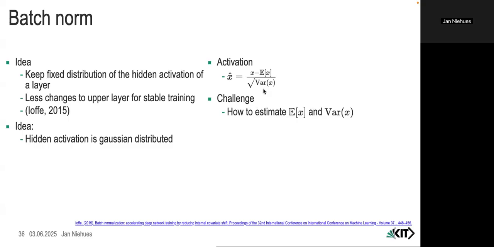If you run over all your training examples to calculate it correctly, you have to calculate the expectation value and the variance, and then you can normalize, which would be very inefficient. So before updating things, you would first have to calculate the variance and the expectation over all training examples, which is inefficient. So we have to use some other trick and approximate the expectation value and the variance, because calculating them exactly would be too slow.